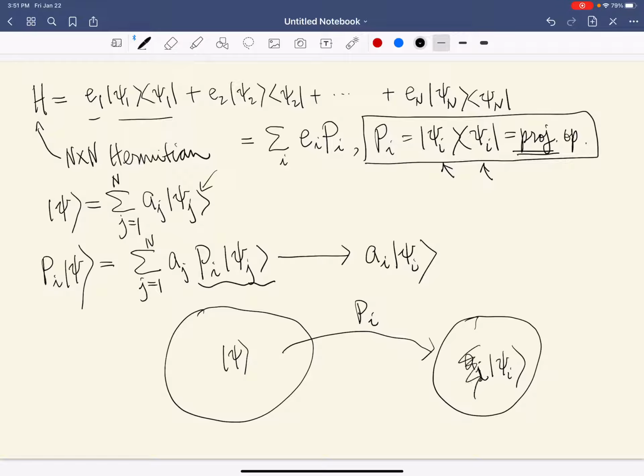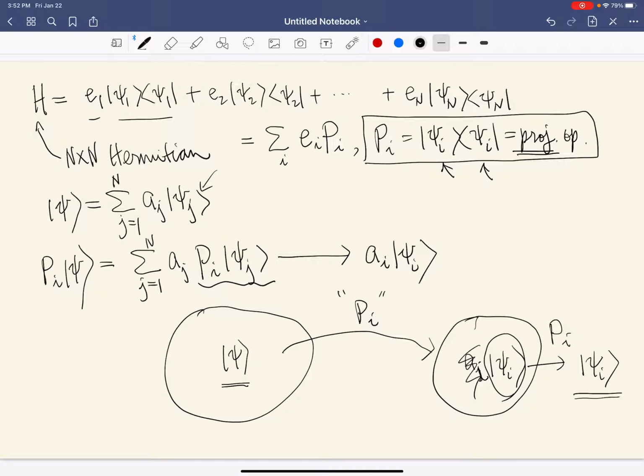Since the overall constant does not really matter in defining what the state is, what that projection operator literally does is select out only that component of the wave function coming from this particular eigensector. Once you have projected an arbitrary state into one particular eigensector, then trying to make a second projection on it will not change the state at all. So the state continues to be in the same eigenstate.